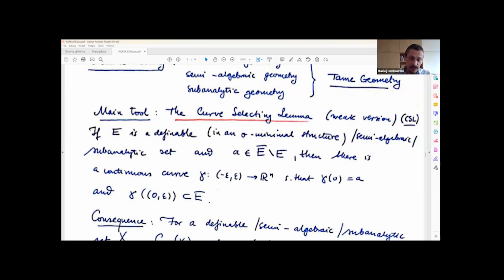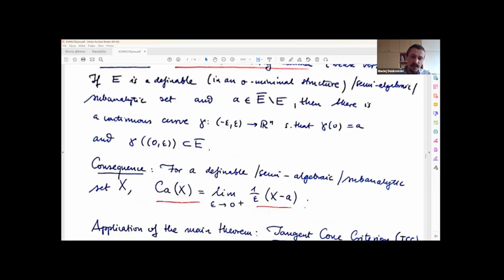That's the idea. The consequence, for instance, is that when you pick a semi-algebraic set, the tangent cone that we already observed is an upper limit is actually a limit, because you can move along curves. So when you need to obtain any sequence, you use the curve.